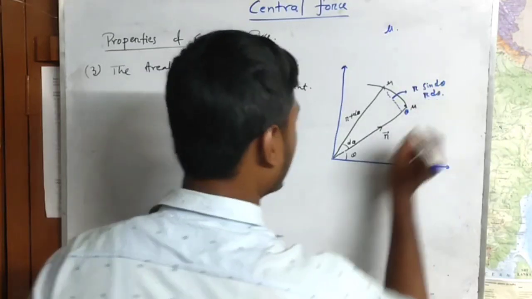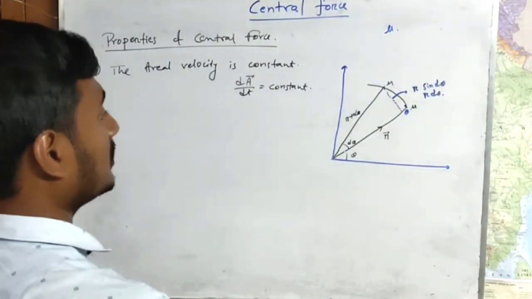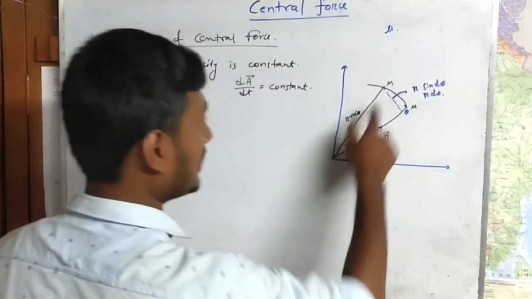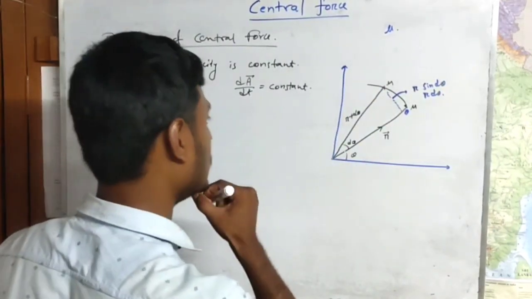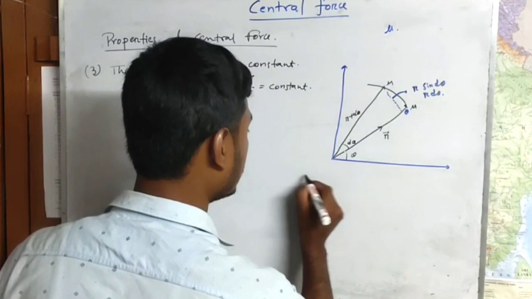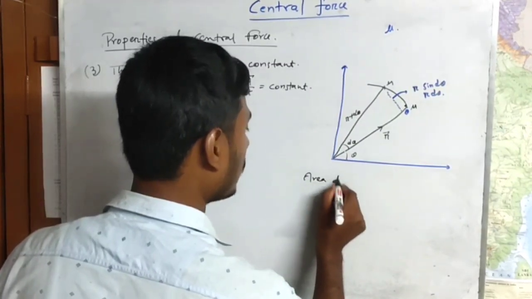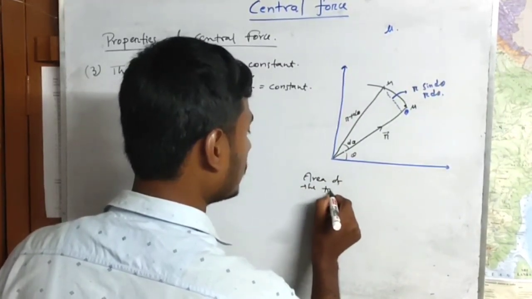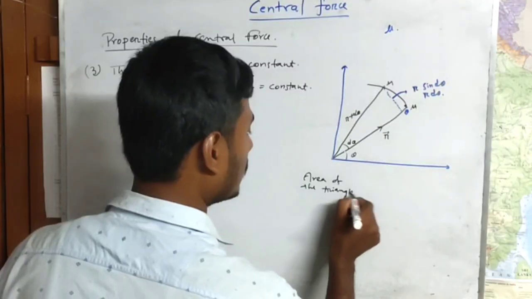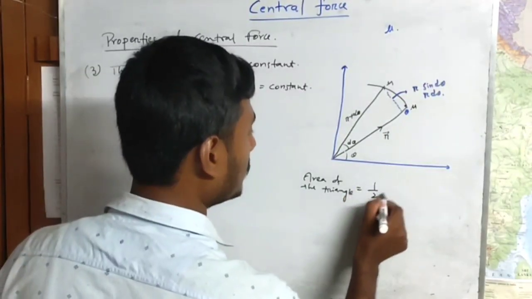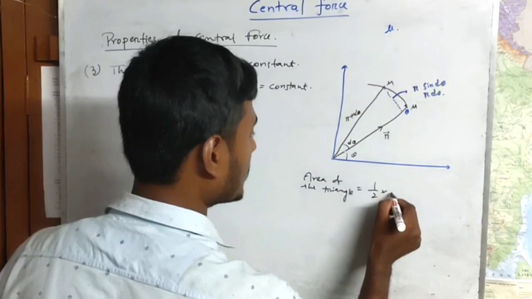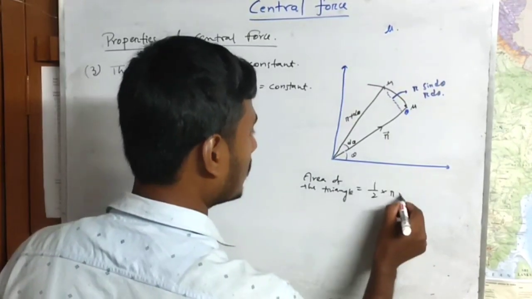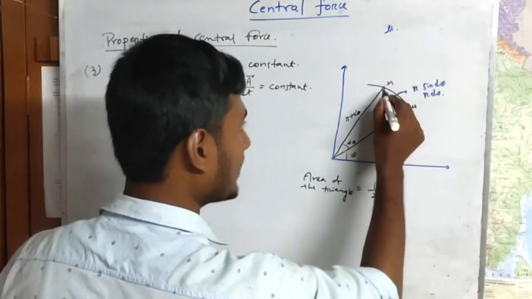Now the area of the triangle will be what? Half into base, which is r, taking the magnitude, and the height is r d theta.